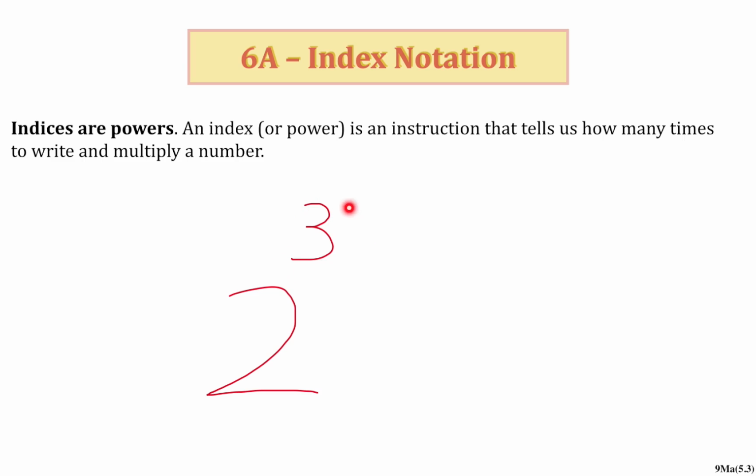When you're talking about indices, it means you're talking about many powers in different questions. So 3 is called the index or the power, and in year 11 we'll learn that it's also called the exponent, but that's a few years away.